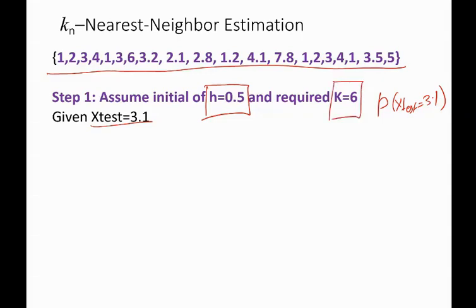Say k is 6, that means I am in search for 6 neighbors around 3.1. Okay, so these are some samples here. You can count how many are there. So that is my n. Okay, you find out this.